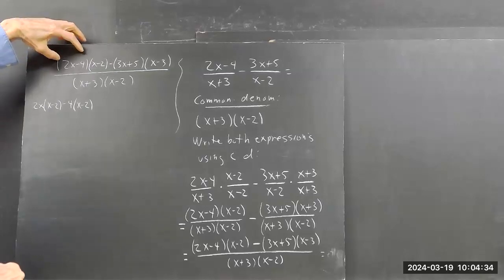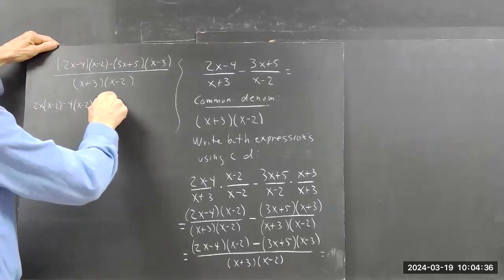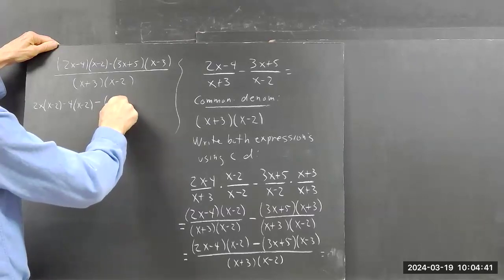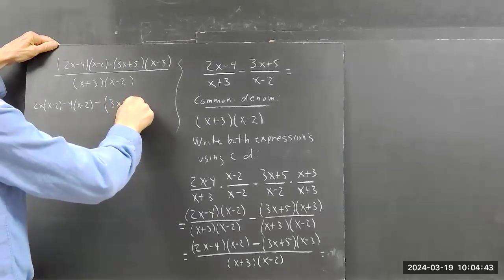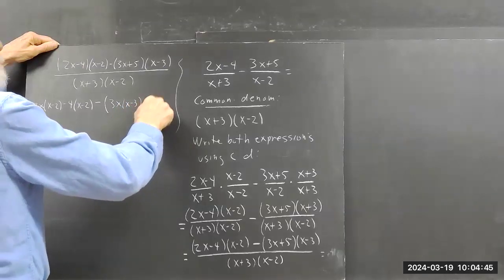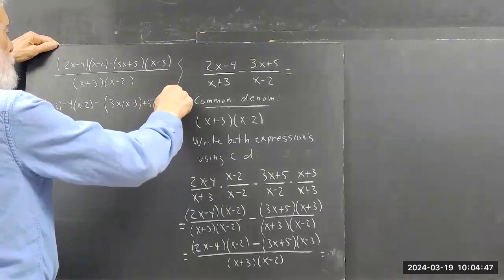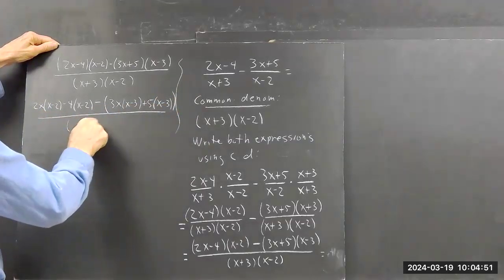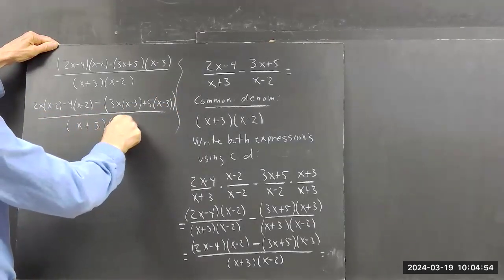Okay, using the distributive law. Minus 3x times x minus 3 plus 5 times x minus 3, all over x plus 3 times x minus 2.